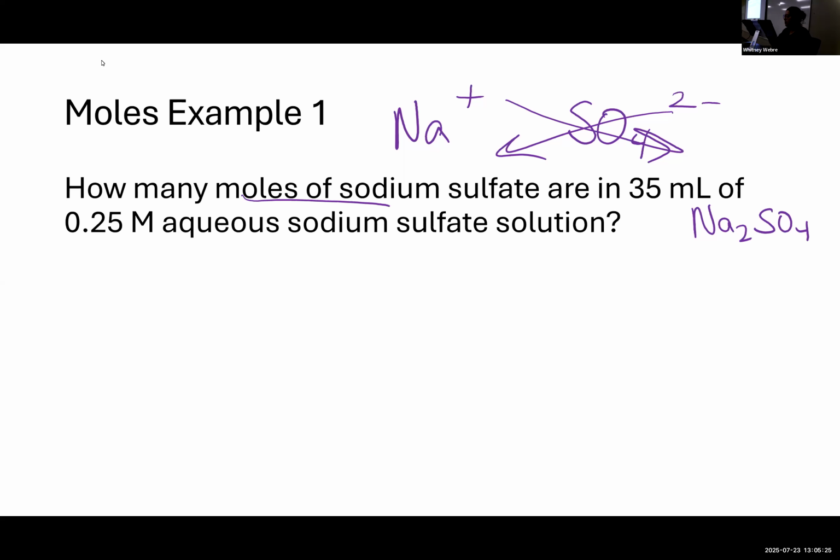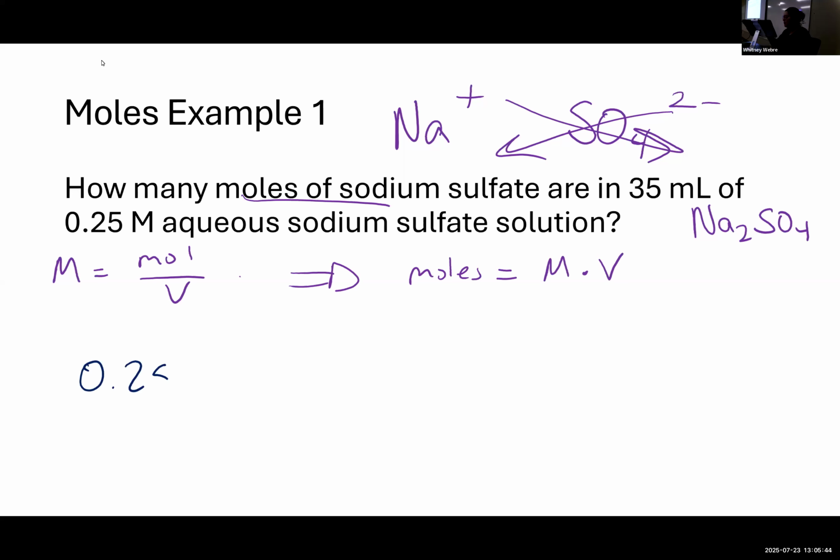In the previous problem, capital M equals moles per volume. I rearranged this to get moles equals molarity times volume. So we can continue that same concept here. If I have 0.25, I always will take that capital M and break it up into its units, because in my head, I need it to unit.